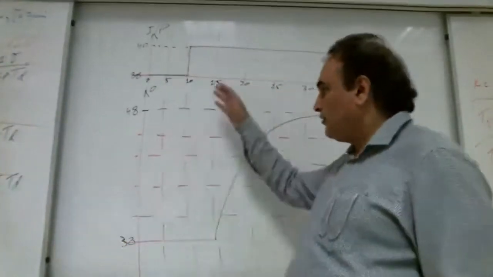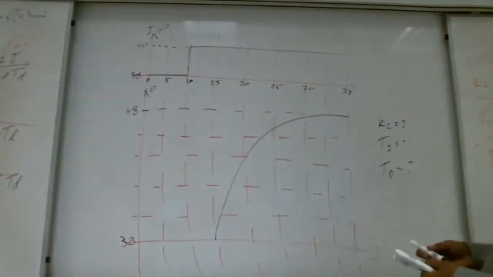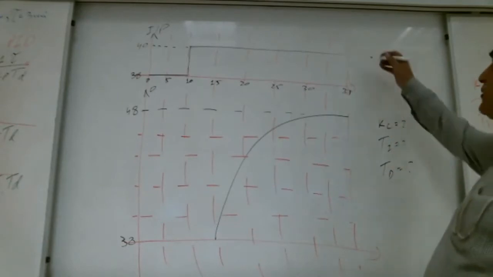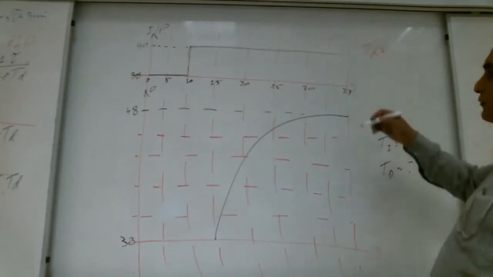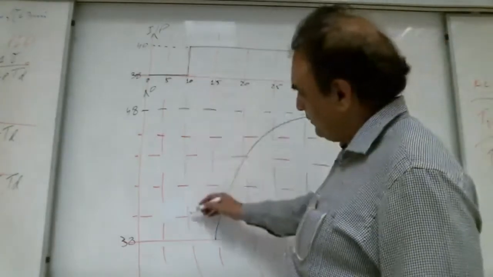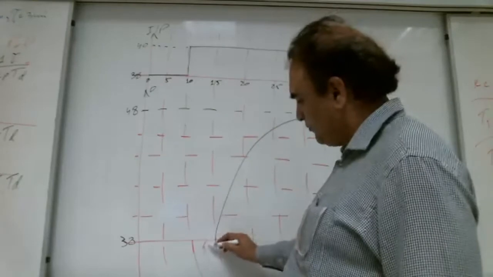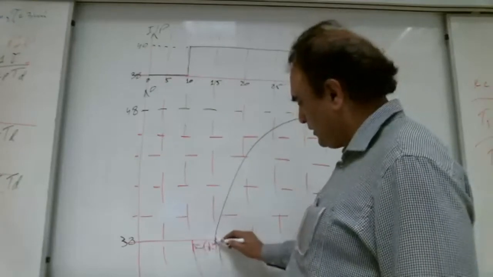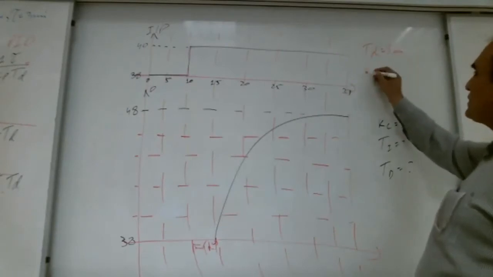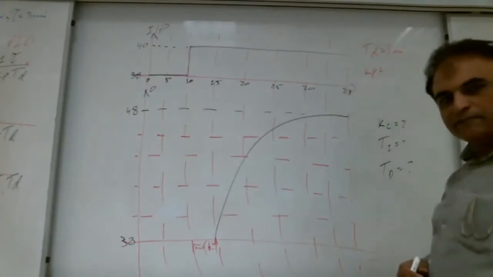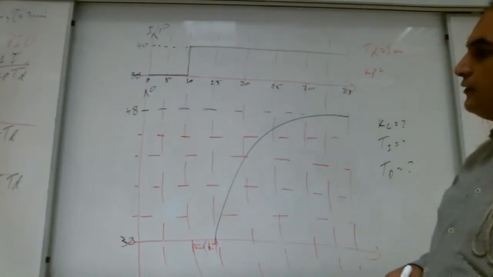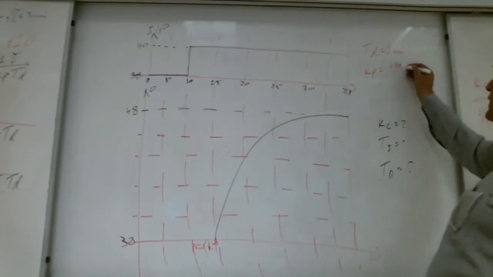Okay, Shabab. What is the dead time here? Dead time Td is 5. See here, this is 15 and this is 10. So this is the dead time, 5 minutes. What is process gain? Change in output over change in input: 48 minus 38 over 40 minus 38.